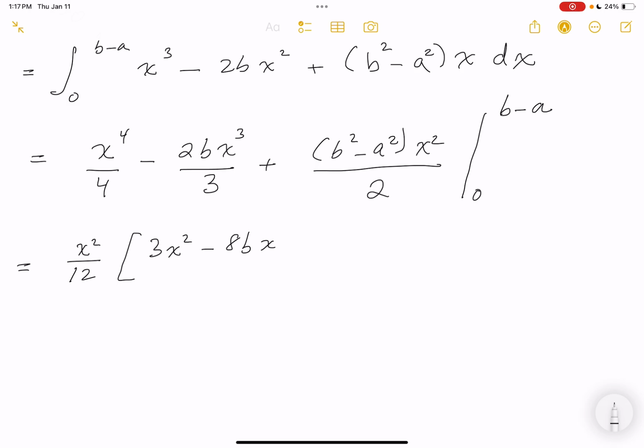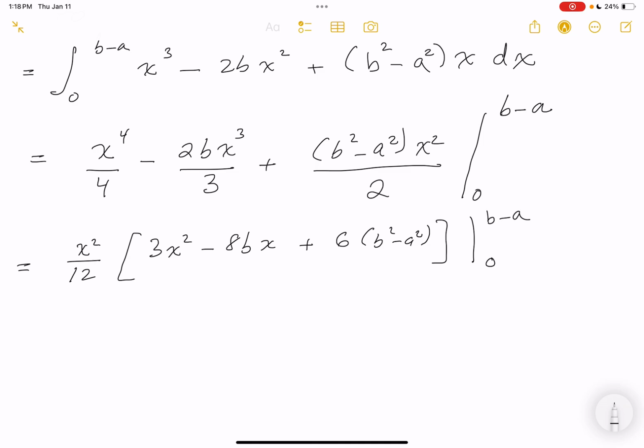So 8 over 12, you divide by 4, it'll be 2/3. Looks pretty good. So 8bx. Then what do you get? Plus, well, that's going to be 6. And why is that? 6 over 12 is a half, and that's what I'm seeing over there. I factored out an x squared, so it's going to be b squared minus a squared. And I'm going to say we evaluate from 0 to b minus a.